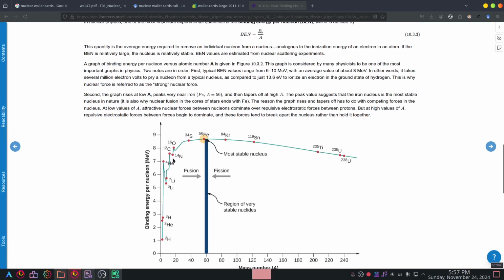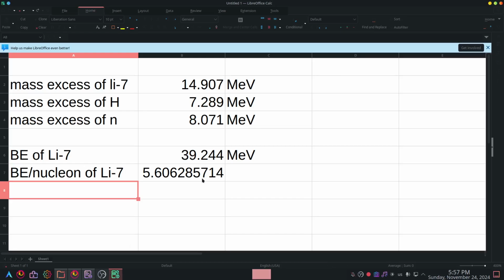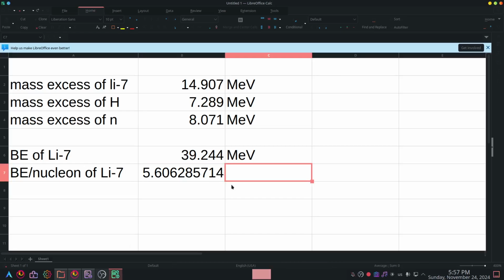We'll find lithium 7 right here, 5.606. Is it correctly done? Yeah, 5.606 MeV. So that's how you calculate binding energy per nucleon and binding energy using the wallet cards.